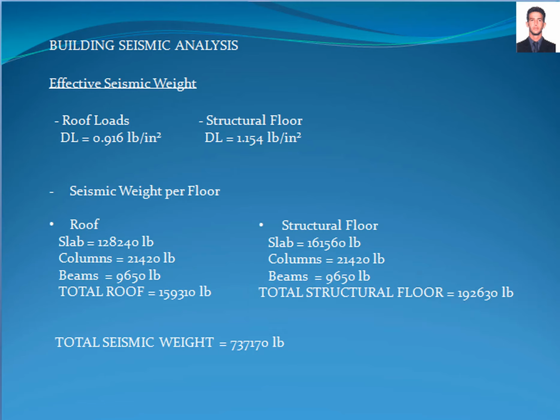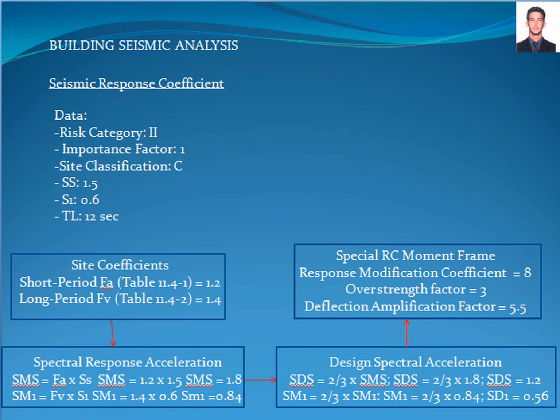The total seismic weight for one roof story and 3 structural floor stories is 737,170 pounds.